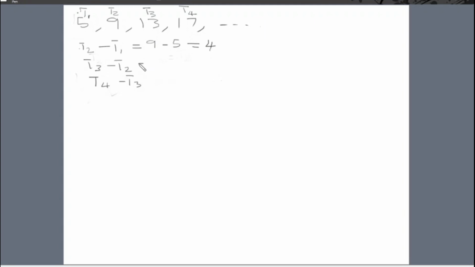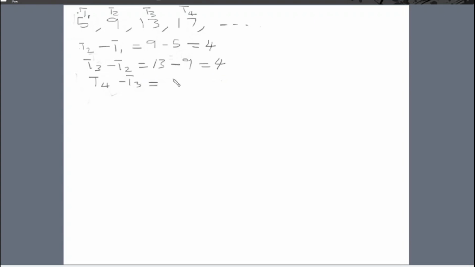Again, if you say T3 minus T2, that is 13 minus 9, it should give you 4. T3 is 13, T2 is 9, that should give you 4.